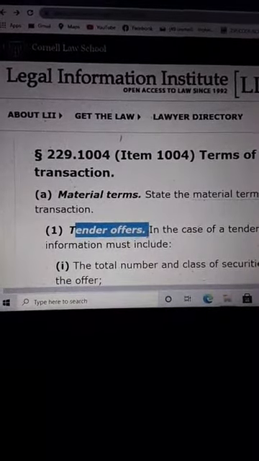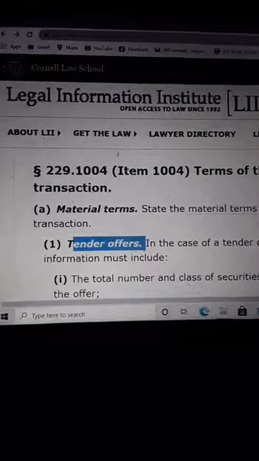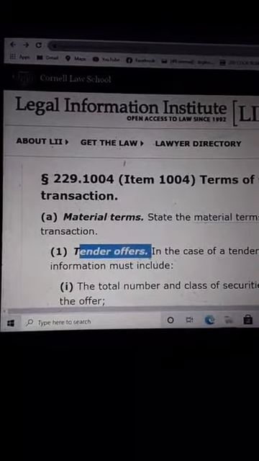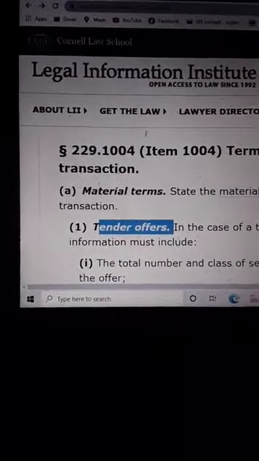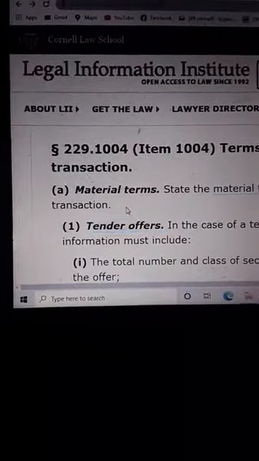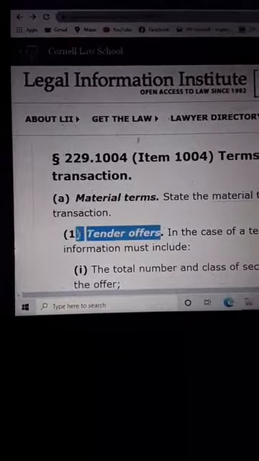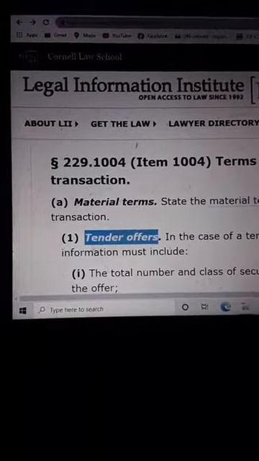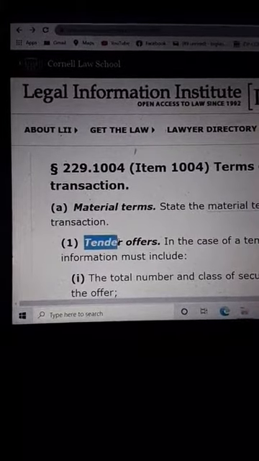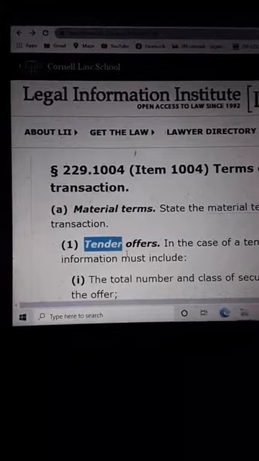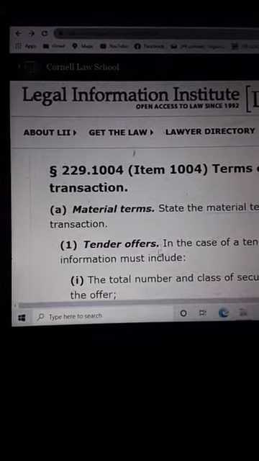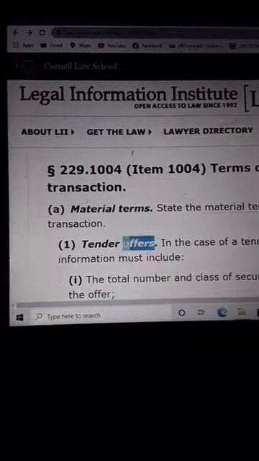What is tender offers? If you guys know your language, you'll see that this is Babel. You will see that this is Babel. Tender means offer. Offer, offers. Is that Babel or what, folks?